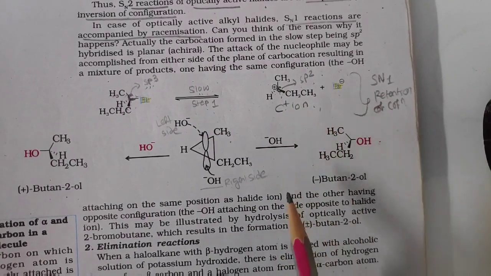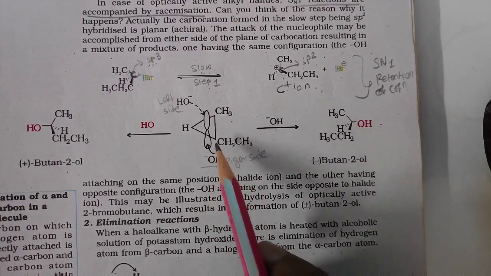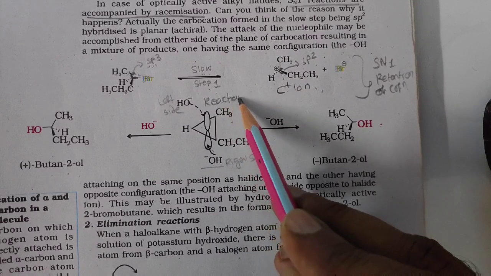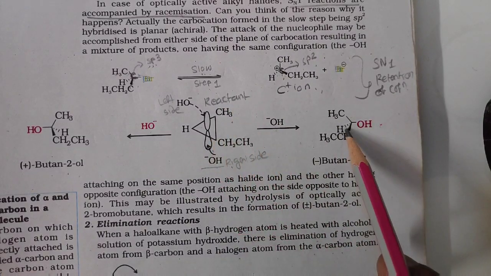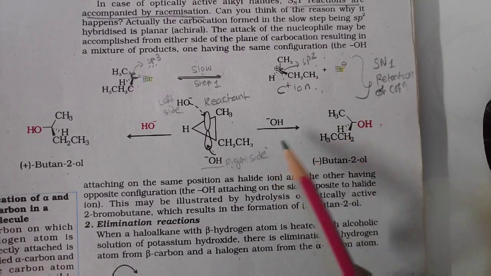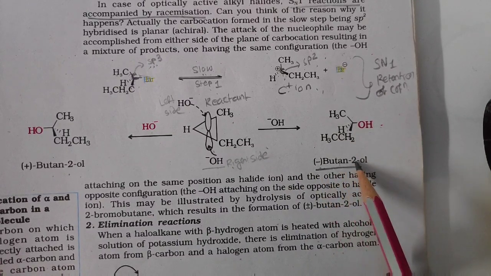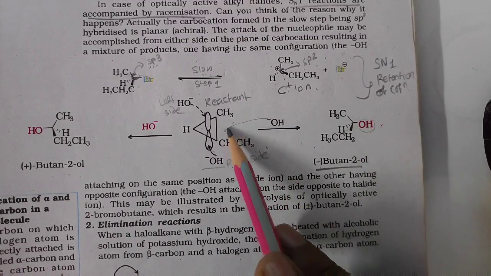All other things are common. The first one we discuss is the reactant. If you see here, what will happen? All these CH3 groups are on which side? On this side. So here it is minus butan-2-ol, and you can see the OH attacks from this side.